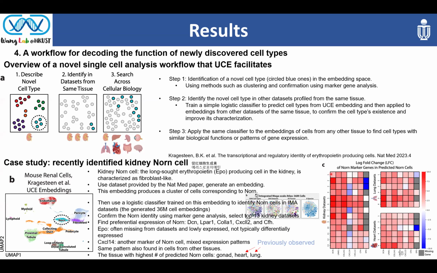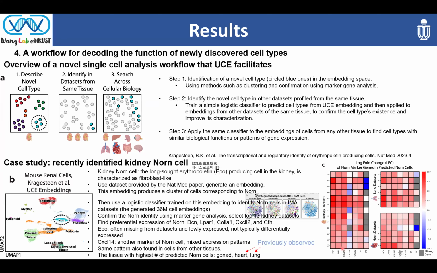According to the paper, there are several marker genes that can be used for the neuron cells, maybe DCN and others. And the generated embedding shows this pattern.